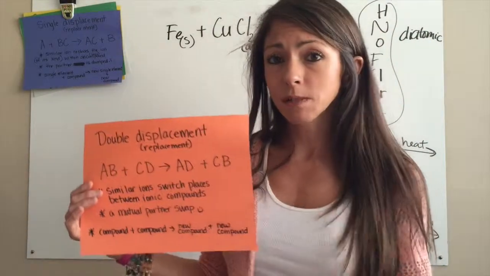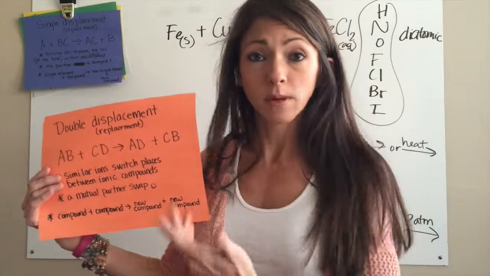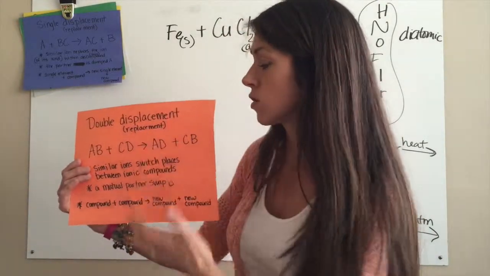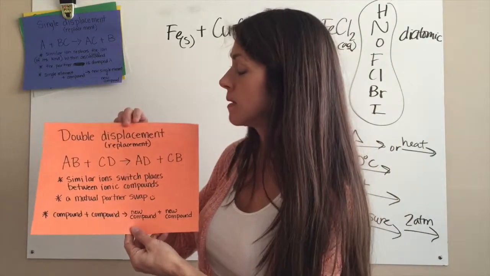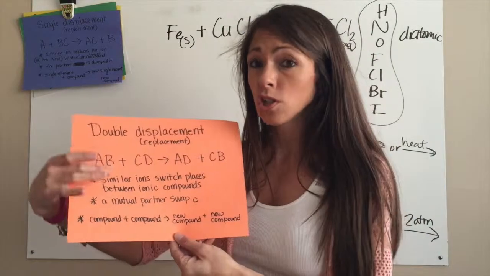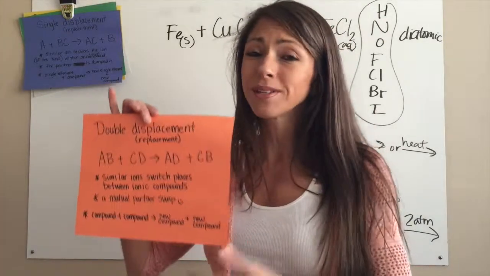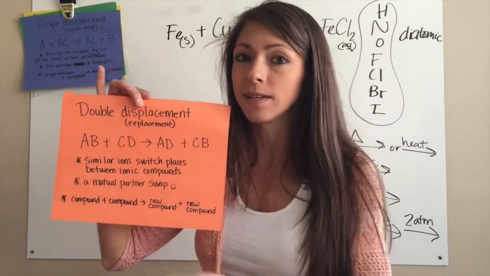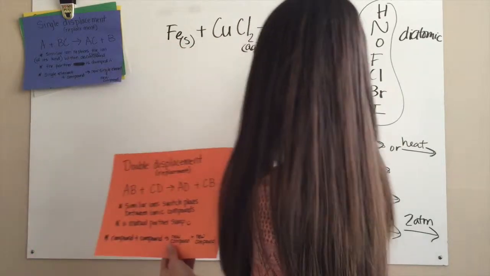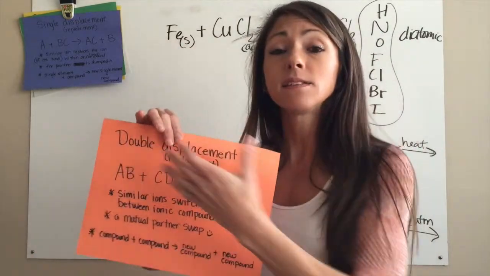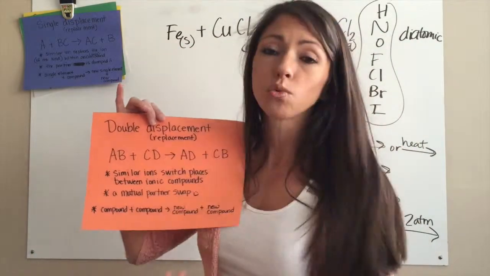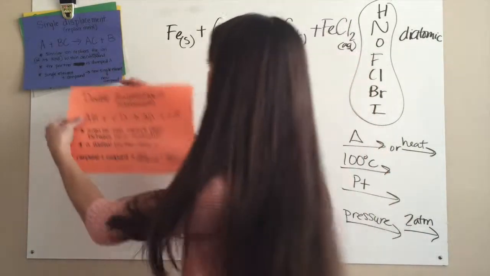Now, a double displacement, or a double replacement, it also has that term that can be used instead of displacement, is where you've got 2 compounds that will basically swap partners. So this is a happier ending because you don't end up having someone that's been replaced and is now on the outside looking in. This is what I call a mutual partner swap, okay?